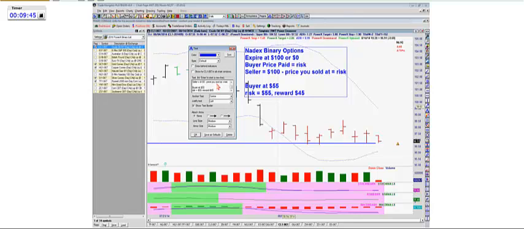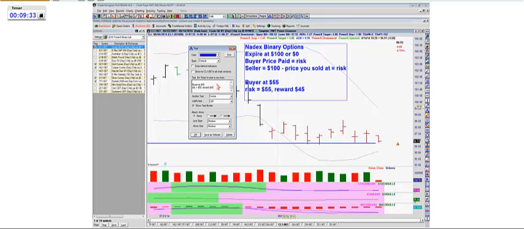But those will be lower probability trades. There's nothing wrong with that, but the chances of those having value at expiration are going to be lower than when you're closer to the 50 mark or higher. Now what happens is when you buy at $55, $55.90 is deducted from your account.